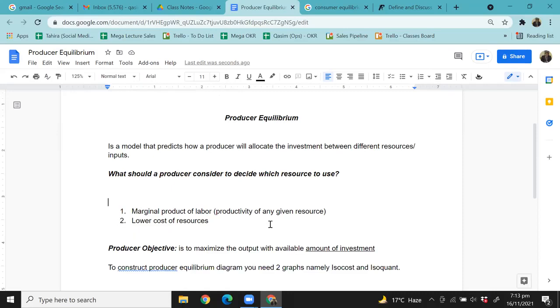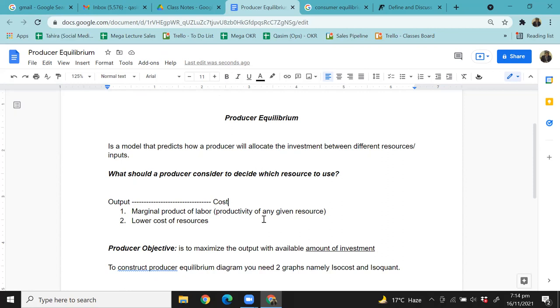Now, think about this. What is the utility of a resource? On one hand, the resource is producing the output for you, and on the other hand, there is some cost that you have to pay to produce that output. Students, are you following me? So what is the benefit of using a resource? A resource is any input that you need to produce an output.